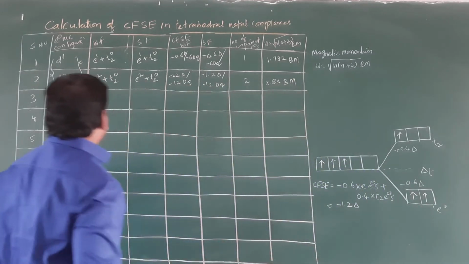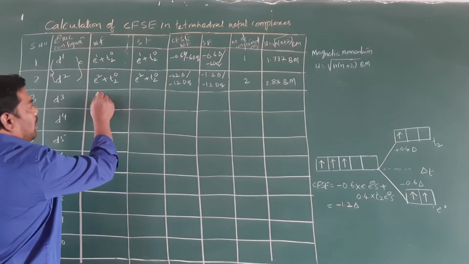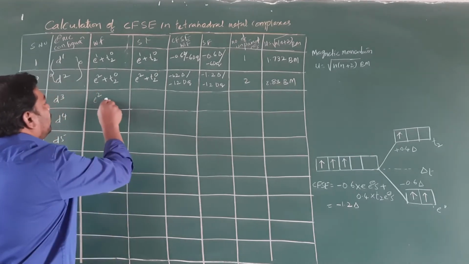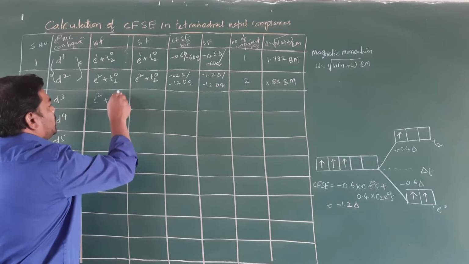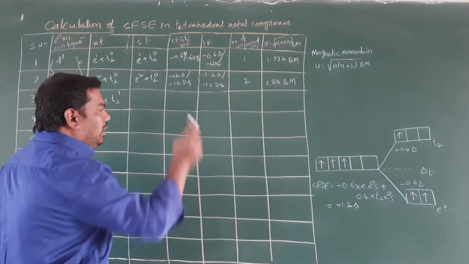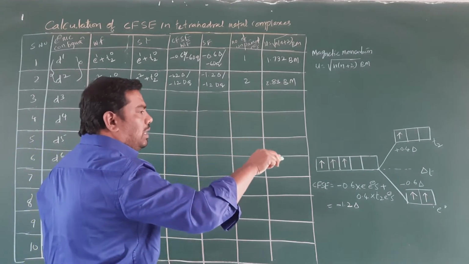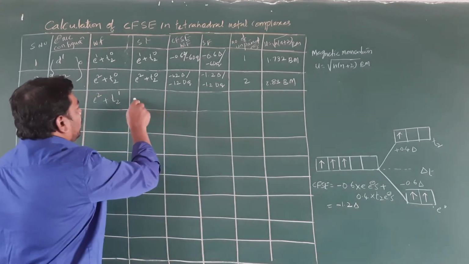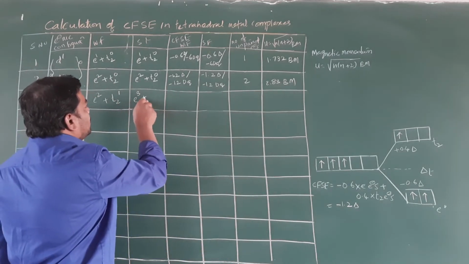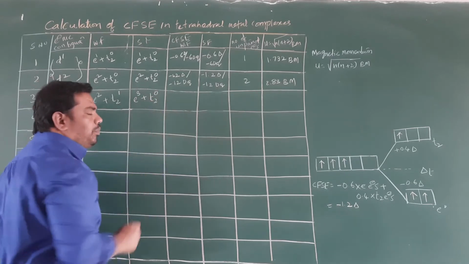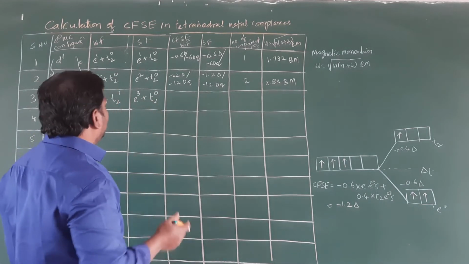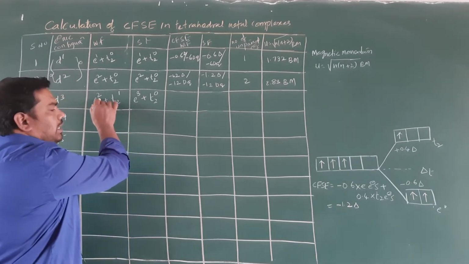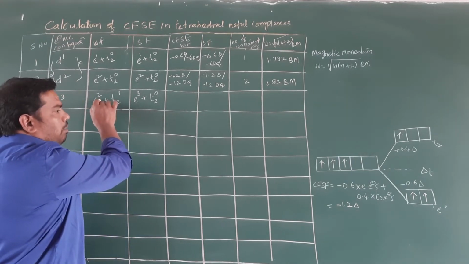So here you can see, student, if it is a weak field complex, the two electrons are placed into the E2 level and the next electron is placed into the T1 level. But if it is a strong field metal complex, it cannot follow Hund's rule, so the electrons are paired up. So here E3 plus T2 0: minus 0.6 into 2, that is equal to minus 1.2.